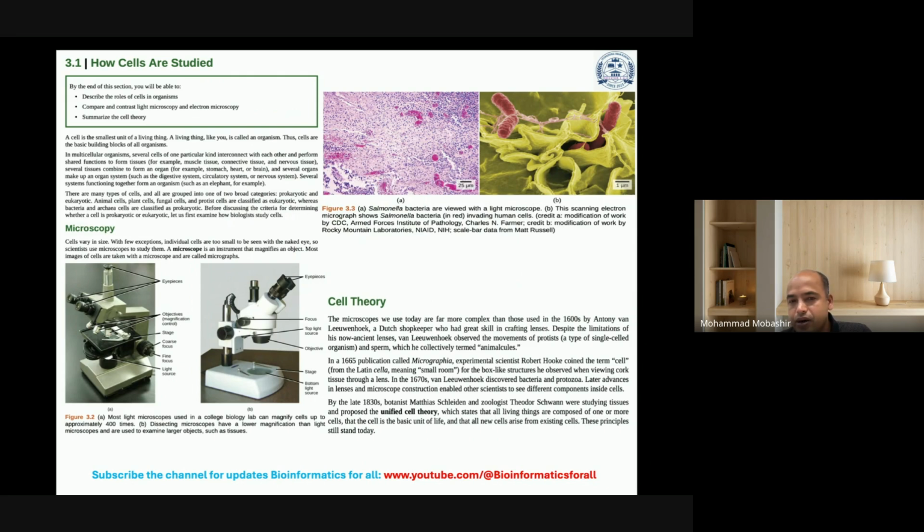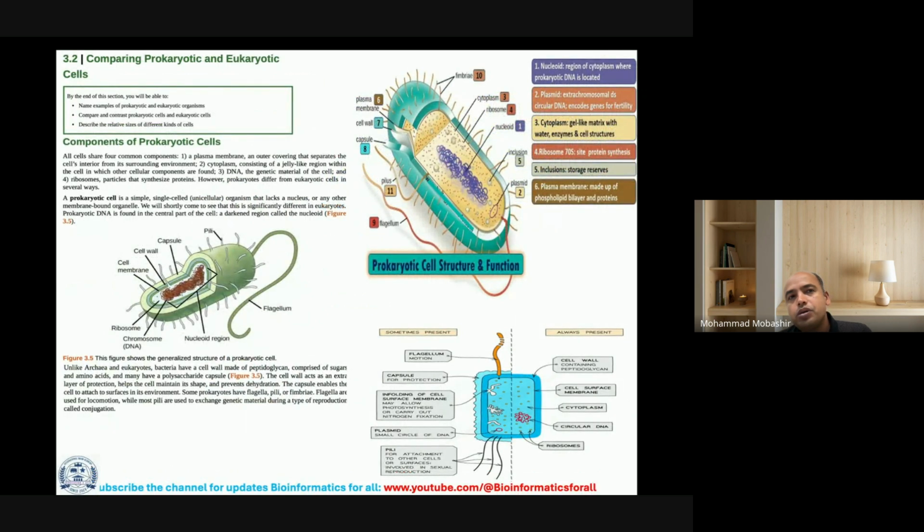There are different theories behind this, which I am not interested in going into, because here you are to learn the main theme instead of the history of biology or the cell. So the prokaryotic and eukaryotic cells: in general, if you want to know what a prokaryotic cell is, in terms of definition, it is a single-celled, unicellular organism that lacks a nucleus or any other membrane-bound organelle.